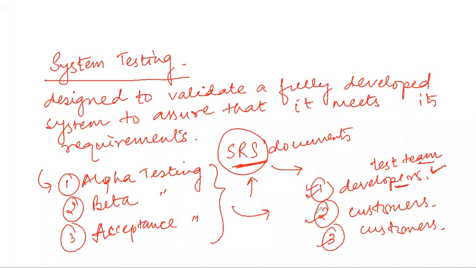Those test cases may not be understandable by this set of customers, so it will invalidate. Again, the knowledge these customers have, it may happen that the majority of the customers don't have, so again it will be invalid. So this is the reason why these three categories of people do these three types of testing. It may happen with the same test case or with different test cases.